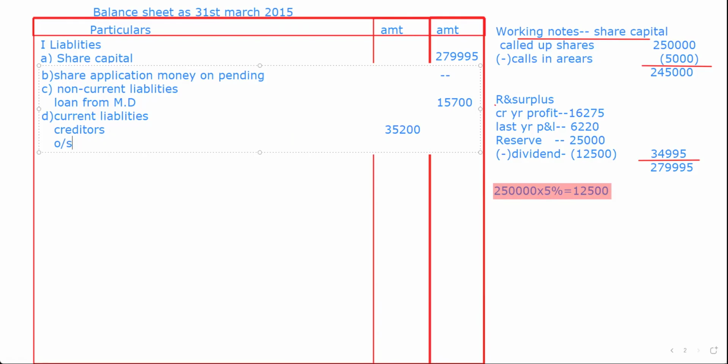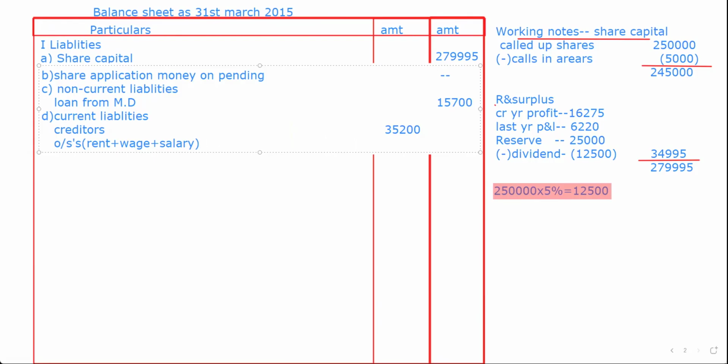What all the outstandings have I got? The outstandings I have got are rent plus wage plus salary. So when I add 5,200 plus 1,200 plus 600, altogether it is going to be 7,000. So that 7,000, I'm going to take it up here. If you want, I'll show all these things here also.